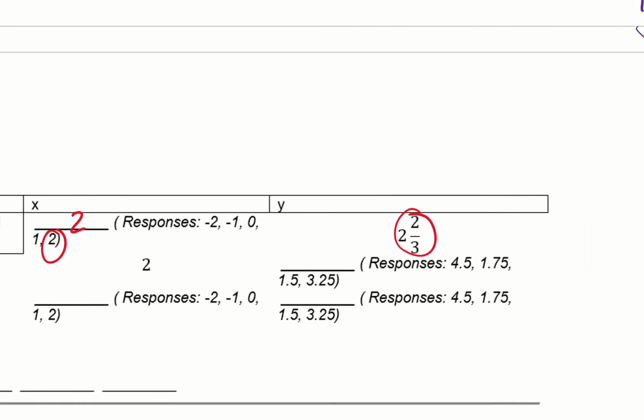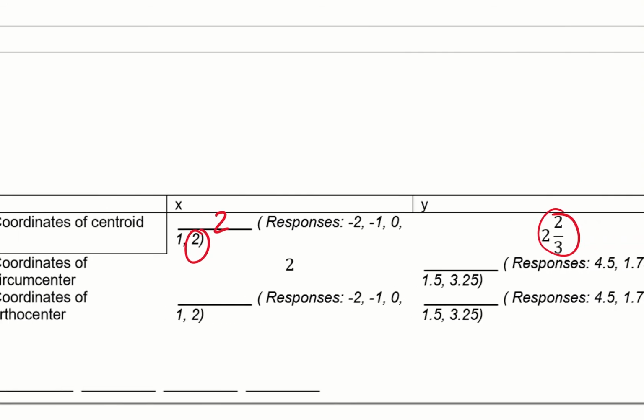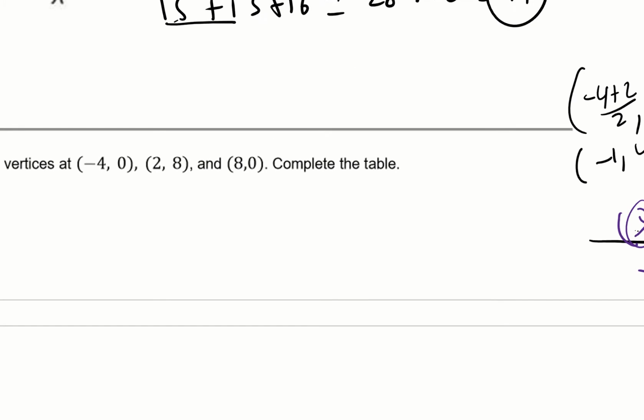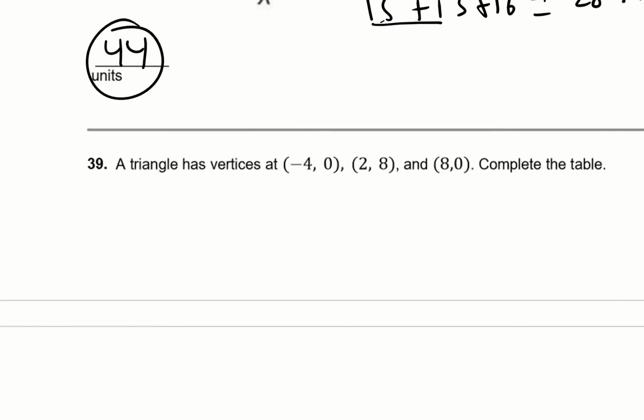Now, I know that's a lot to find the centroid. Here's a shortcut to find the centroid as well. The centroid can be calculated without using this method by using the following formula. You can calculate the centroid by taking the average of all the x coordinates and all the y coordinates.